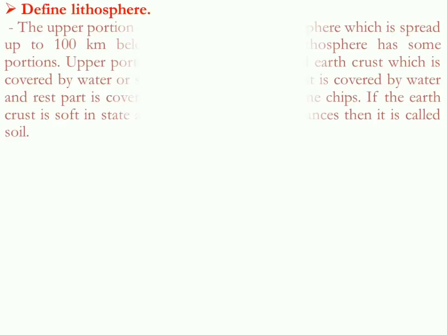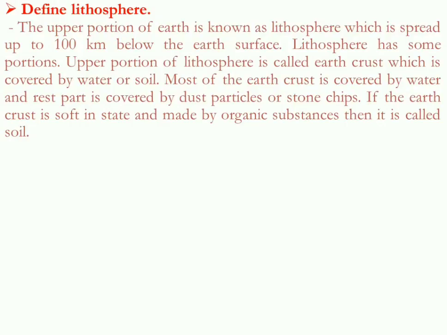Now let us know what is in this lithosphere. It is the upper portion of Earth's surface and it spreads up to 100 km below the Earth's surface. As you already know, it has some plates inside.